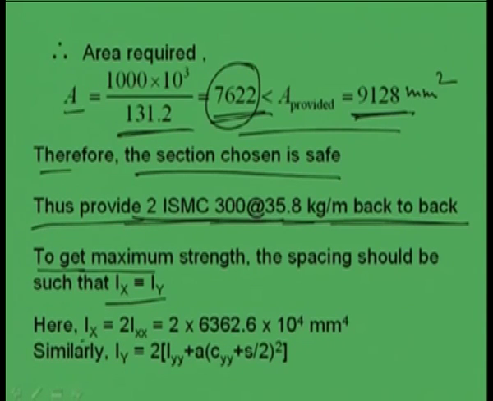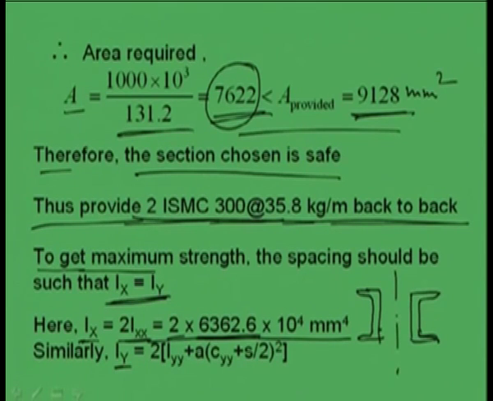If we make Ix equal to Iy, then Ix is basically 2 into the individual Ixx, the moment of inertia about the x direction of an individual section. Similarly, we can find out Iy. If we see the orientation of the member, with two channels placed back to back, what will be Iy?